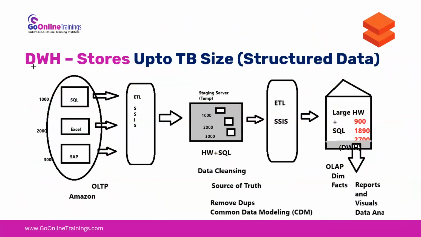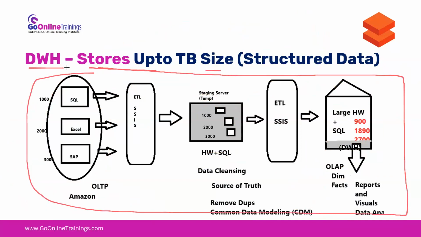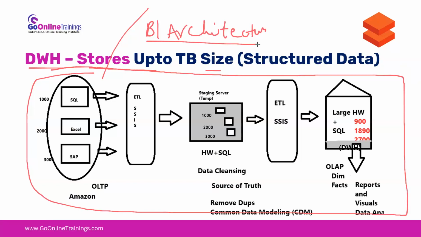And this system, data warehouse stores up to this kind of data. This is what is called a business intelligence system, business intelligence architecture. So here we are not going to be implementing AI or BI here. You may implement BI, business intelligence means reporting.